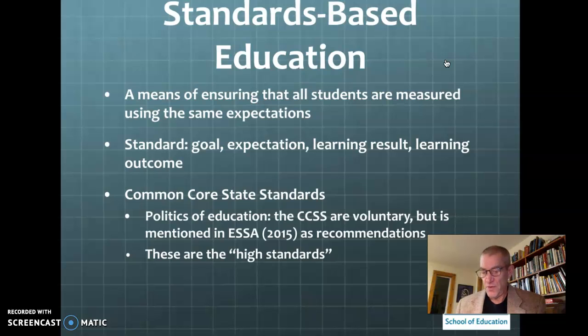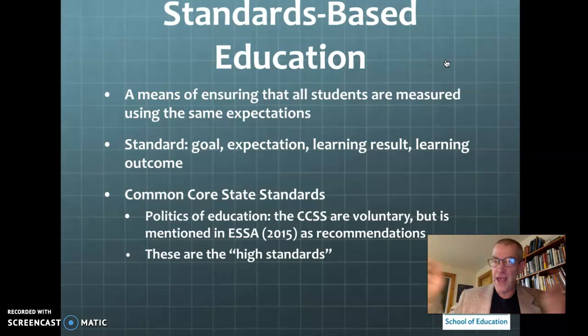Okay, so standards-based education is pretty much what it sounds like. It's not a grade. Instead of being a graded sort of system, if you were strictly standards-based, your students would be measured on whether or not they met a particular learning outcome. It's just that you have to get over this threshold.